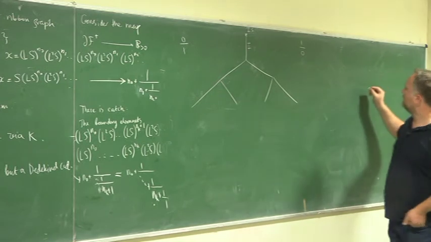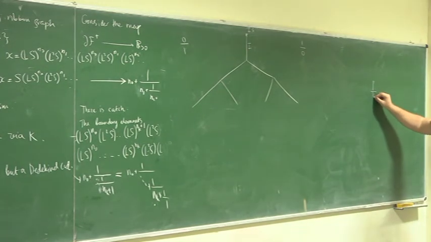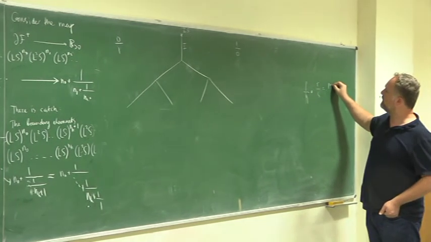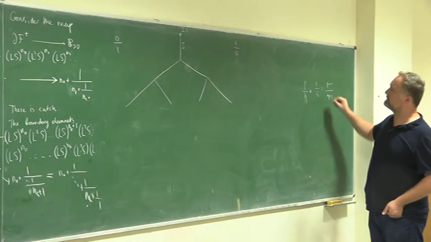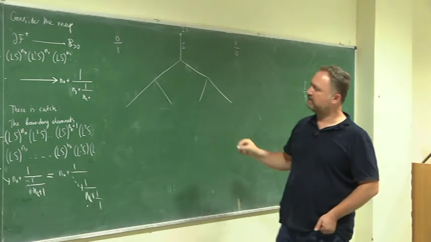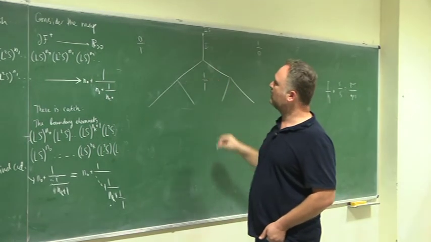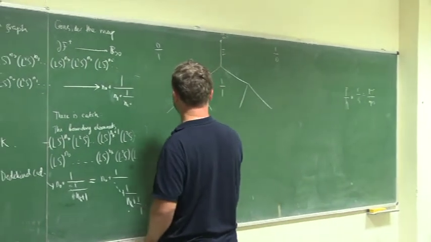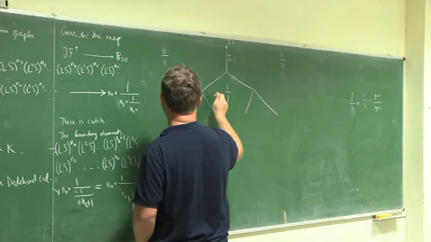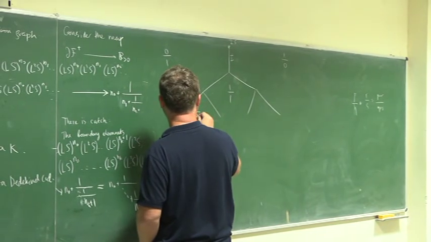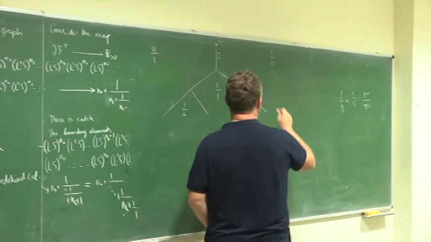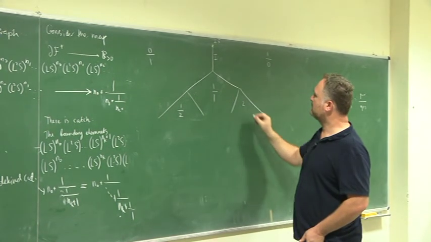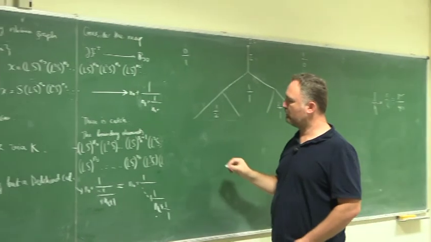That is to say, we do the Farey summation: P over Q sum R over S equals P plus R over Q plus S. If you do that, here we get 1 over 1. So in order to find the rational corresponding to this region here, we sum these two, which will give us 1 over 2. To obtain the number corresponding to here, we sum these, and we get 2 over 1. And we continue in this manner.